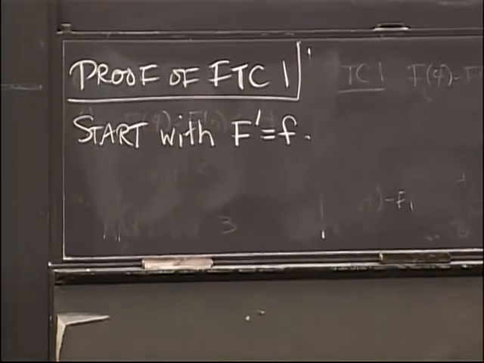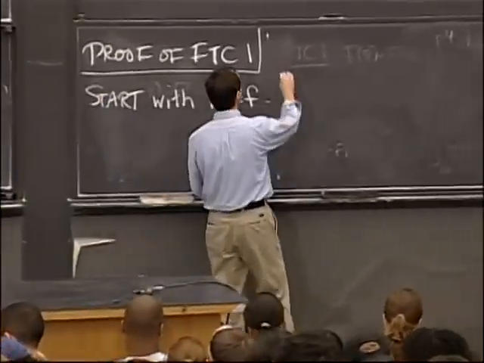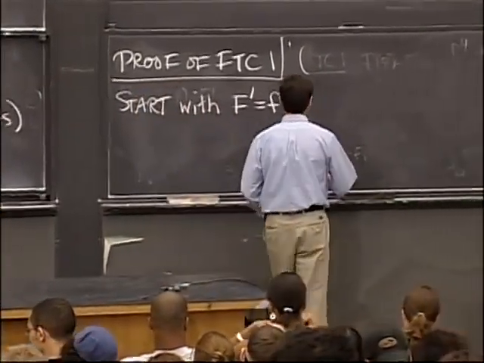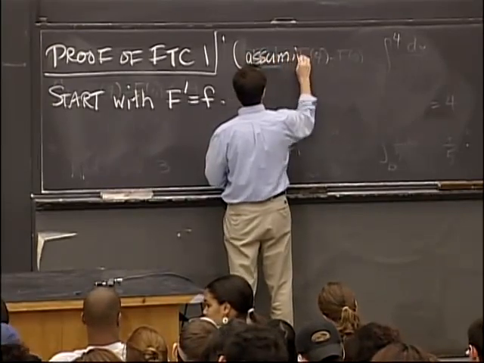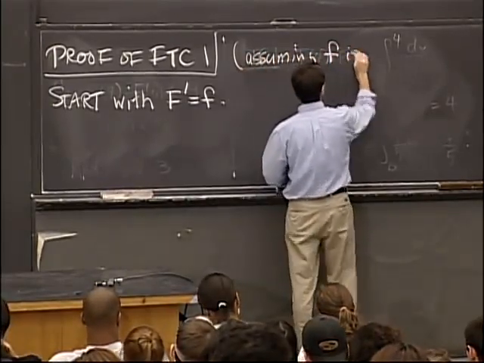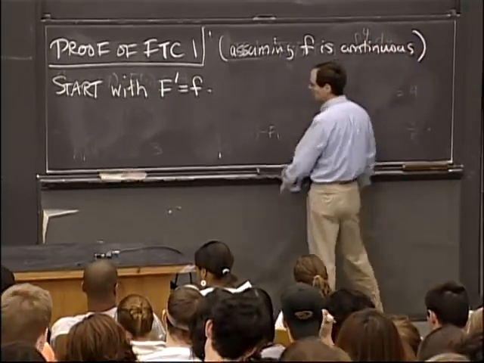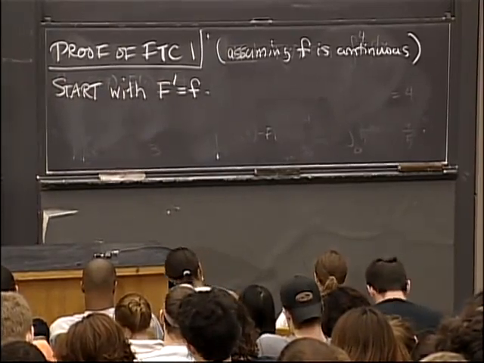That's the hypothesis. Now, unfortunately, I'm going to have to assume something extra in order to use the fundamental theorem of calculus 2, which is I'm going to assume that f is continuous. That's not really necessary, but that's just a very minor technical point, which I'm just going to ignore.